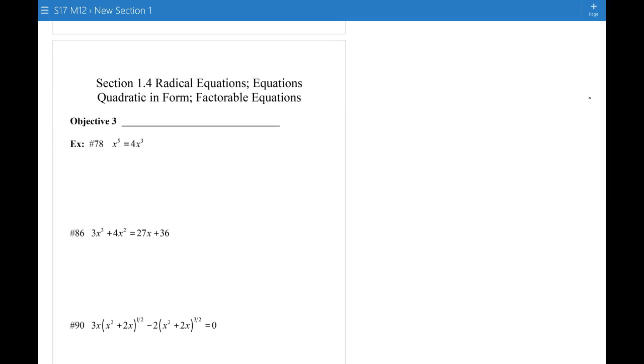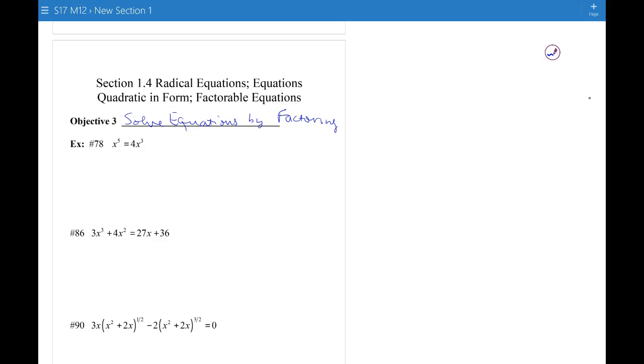And objective 3 is solve equations by factoring. And this is going to be a refresher on something we already talked about. You might be tempted to divide both sides of this first equation, number 78, by x cubed, but don't do it.